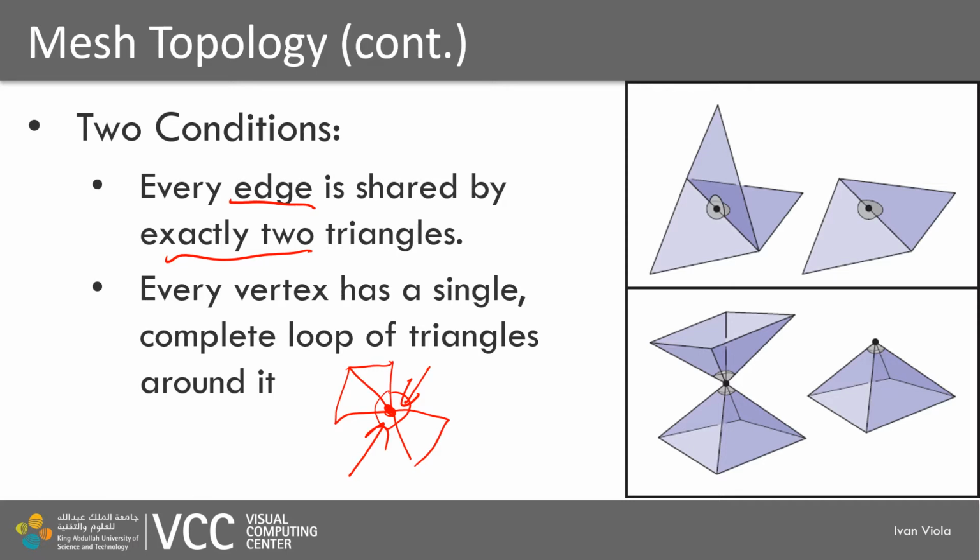Now, we can also spot easily whether a mesh is a manifold, that is, whether edges are shared by two triangles, in the following way.